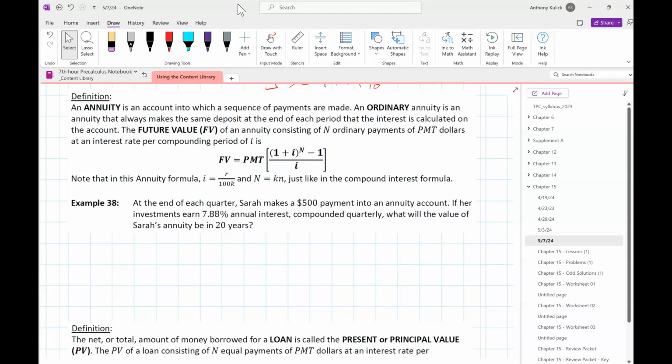Most people, when they're saving for retirement, will save a fixed amount of money every single year. Ostensibly, this is an annuity, right? You're going to save $100 out of every paycheck or $500 a month or whatever works for you, but some kind of an annuity. That's the idea here.